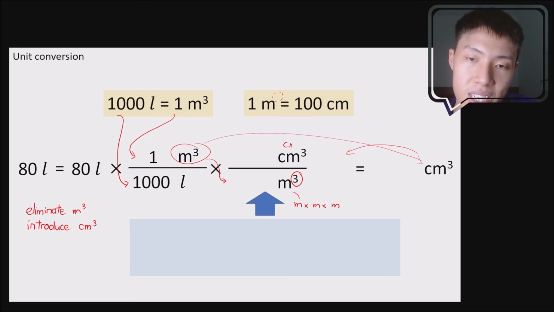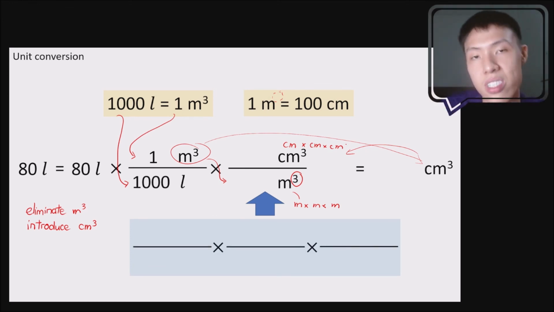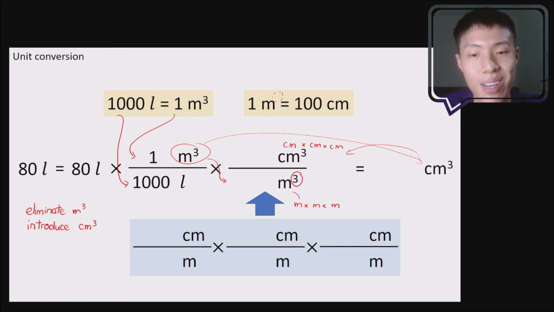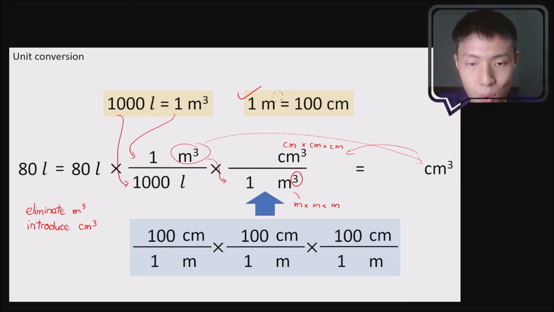Cm cube is just cm times cm times cm. So what you can do is break this into 3 empty fractions. Then you know it's 1 meter to 100 cm, 1 meter to 100 cm, 1 meter to 100 cm.